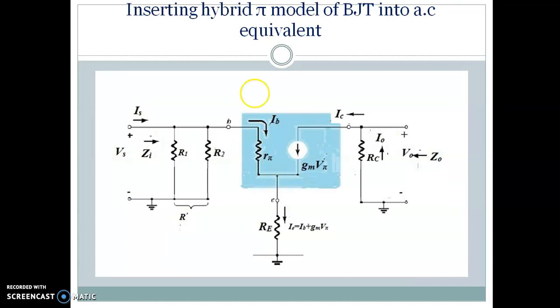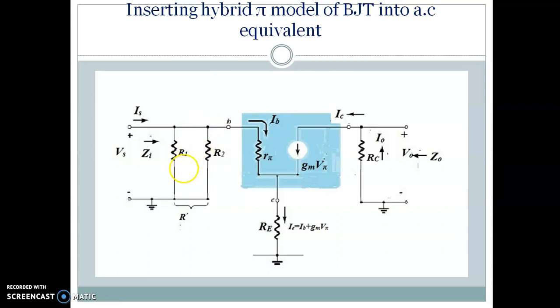The transistor is replaced by its hybrid pi model, and the rest of the circuit is retained. We can combine R1 and R2 as R dash, connected from the base to ground.